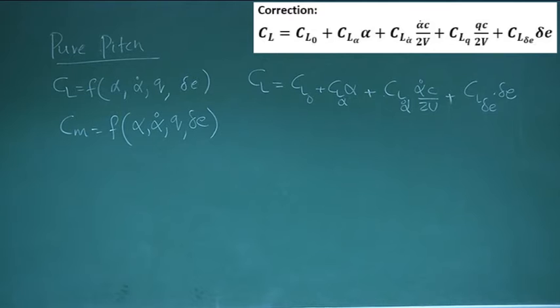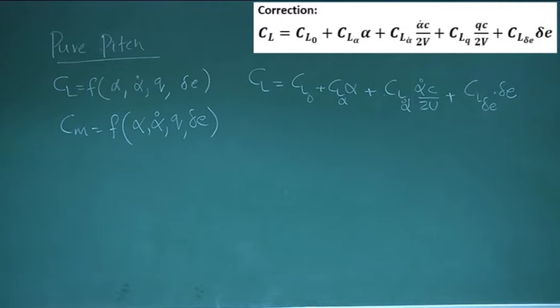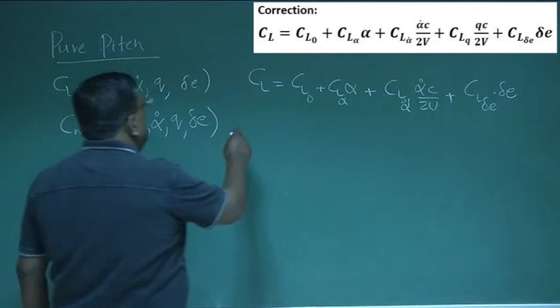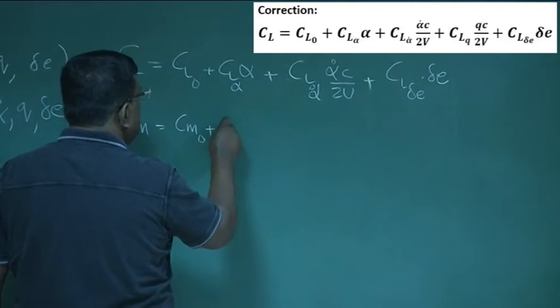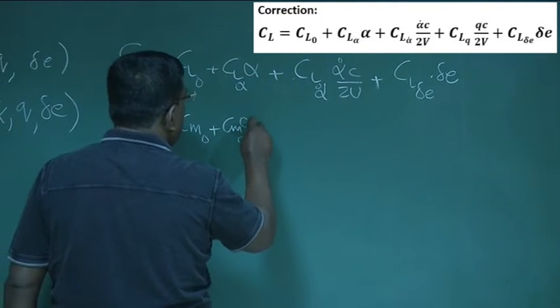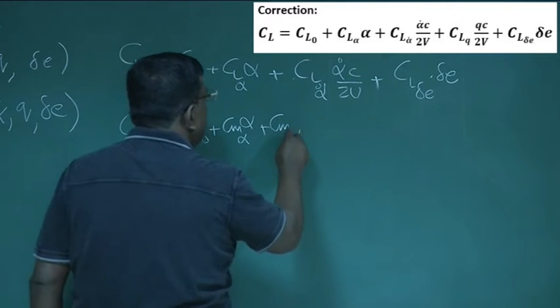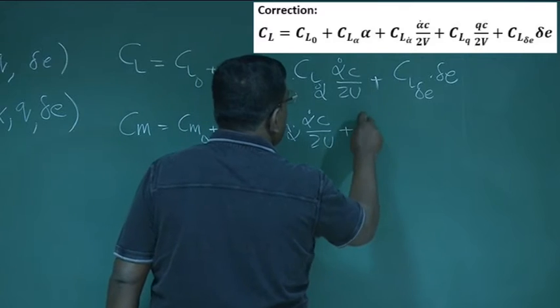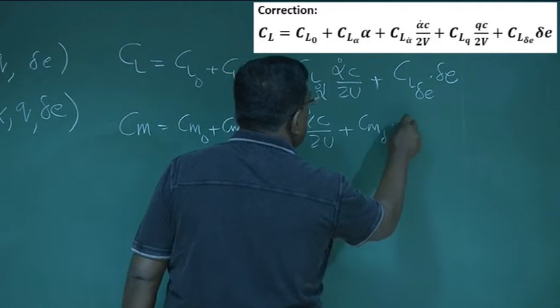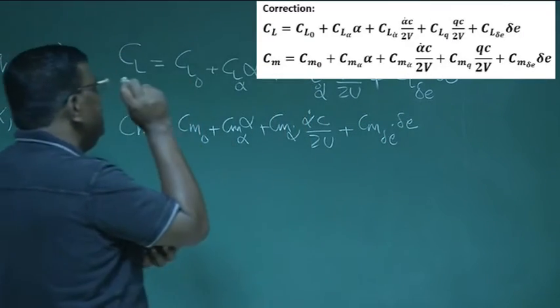So for q we have written qc by 2v, and for alpha dot, alpha dot c by 2v, because these are non-dimensional. This part we have cleared. Now Cm you also write as Cm naught plus Cm alpha into alpha plus Cm alpha dot into alpha dot c by 2u plus Cm delta E into delta E, right?